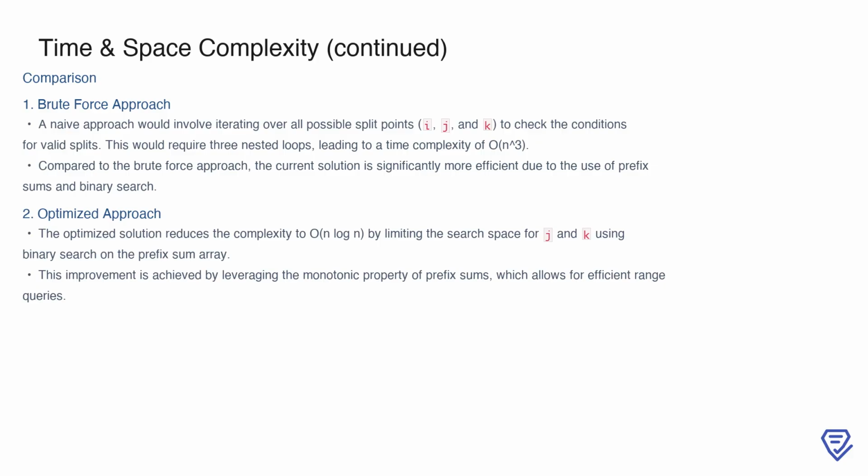In contrast, the optimized solution leverages the prefix sum array and binary search, significantly reducing the complexity to O(n log n). The key insight here is the monotonic property of the prefix sums. This property allows us to use binary search to efficiently determine the valid ranges for j and k, rather than iterating through all possibilities. This optimization drastically limits the search space and makes the solution far more scalable.